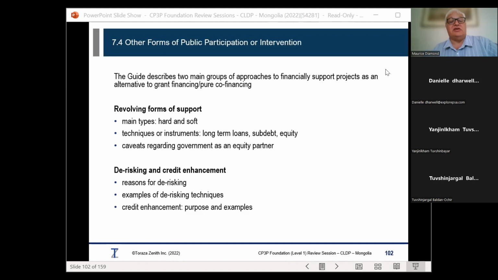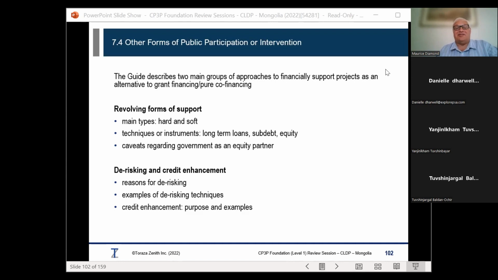Now, the government may wish to be an equity partner for a number of reasons. One of them is that it may just want to know what the SPV is up to, what its profit figures are, and so on. However, in some countries and in some markets, the private sector don't really like the government to be engaged with them as an equity shareholder, because they believe that the government may not really understand how the private sector works and that they will be interfering.